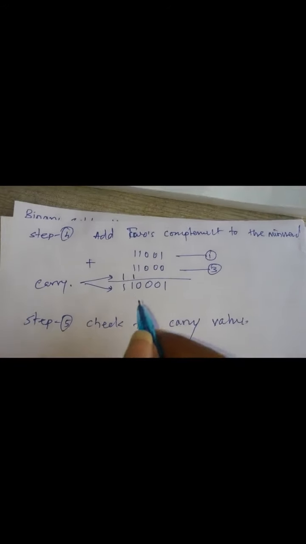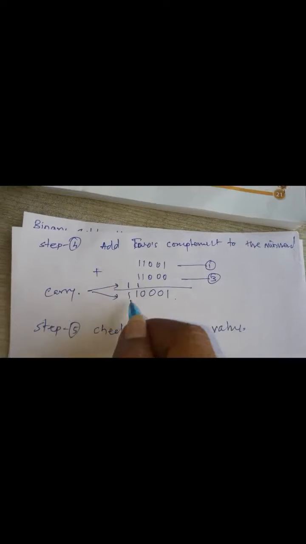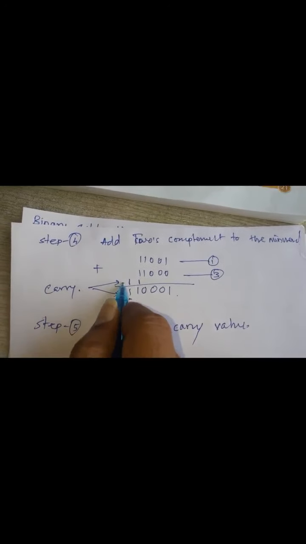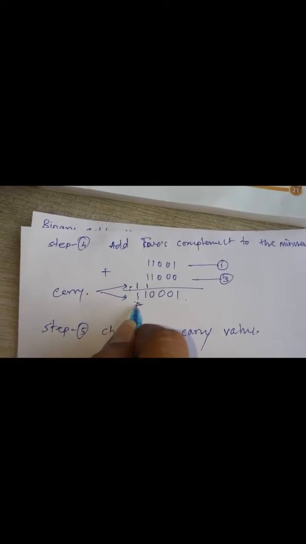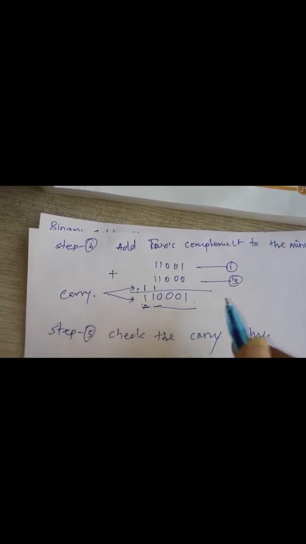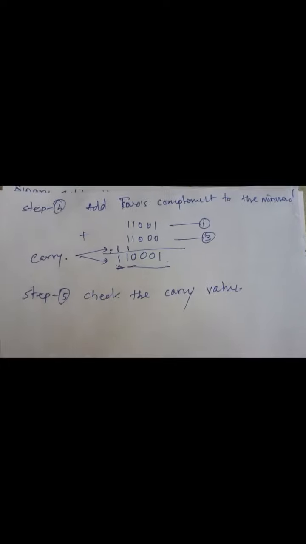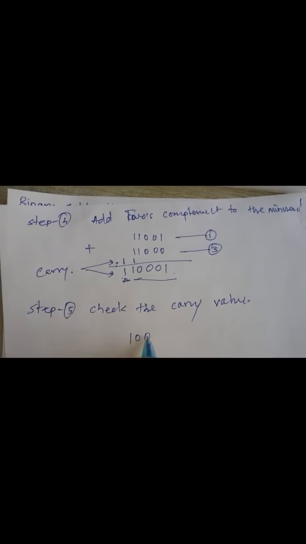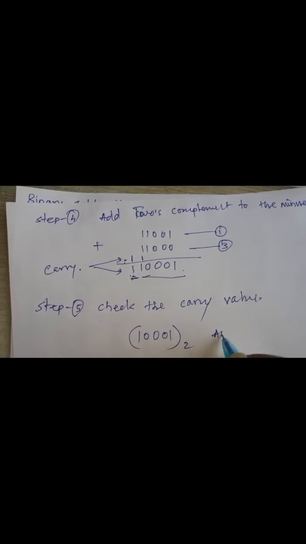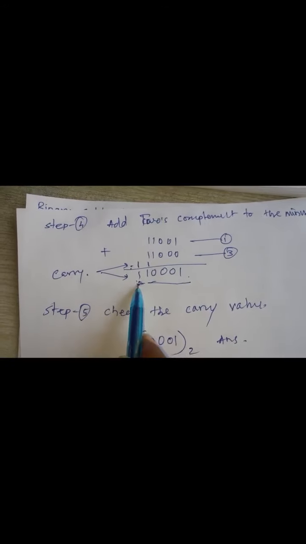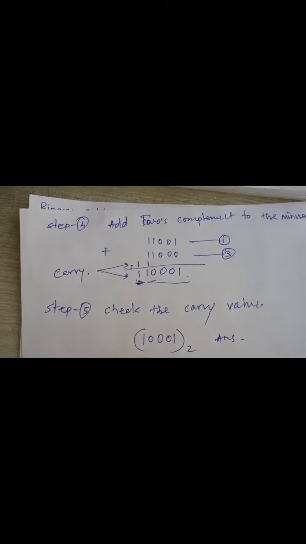Here the carry is present, so we ignore this carry and keep the result as it is, 10001. Only this is the answer. We are ignoring the carry, and this is the perfect result.